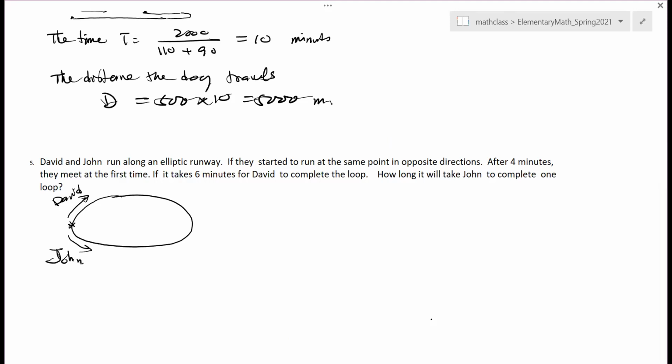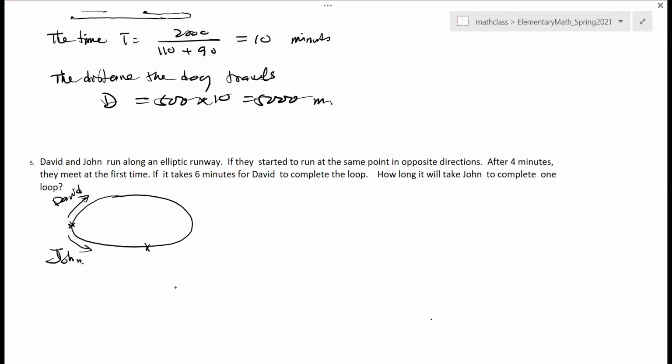But after 4 minutes, they meet for the first time. Then, if it takes David a total of 6 minutes to complete the loop, how long will it take John to complete one loop?